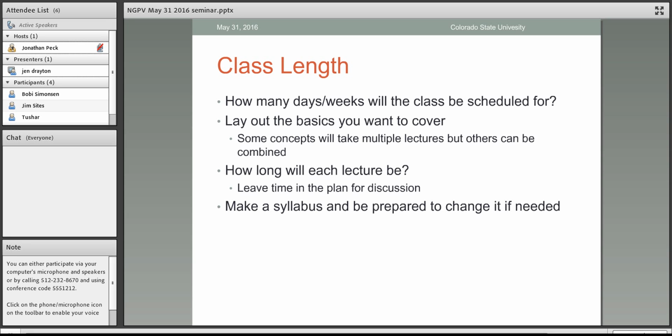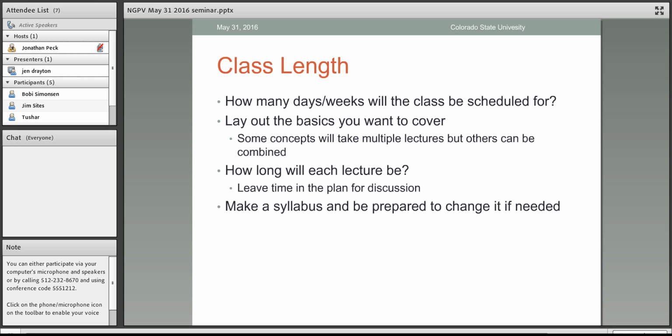You have to decide how long each lecture will be. Are you teaching 2 days a week, 3 days a week? And that actually played a lot into how we graded the class. So, you have to decide what you want your students to take away. For example, if your class is more focused on installing utility scale arrays, do you really want to spend 4 weeks teaching your students about p-n junctions?